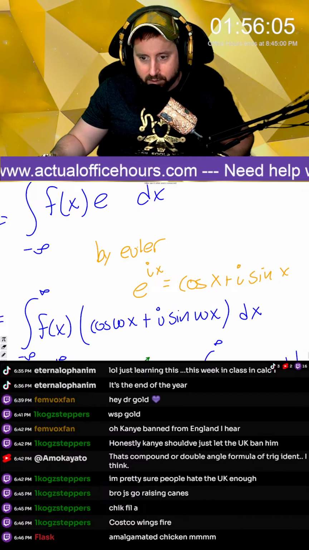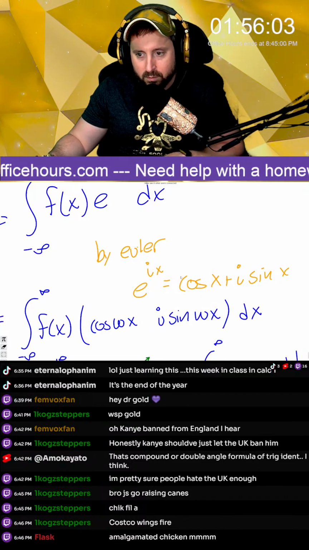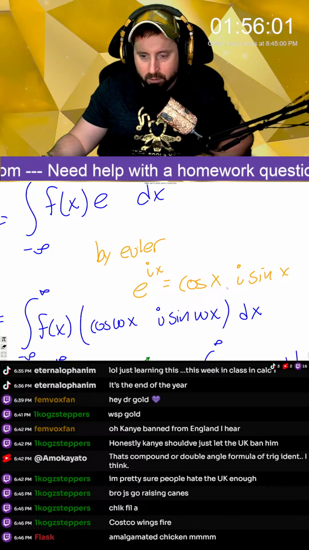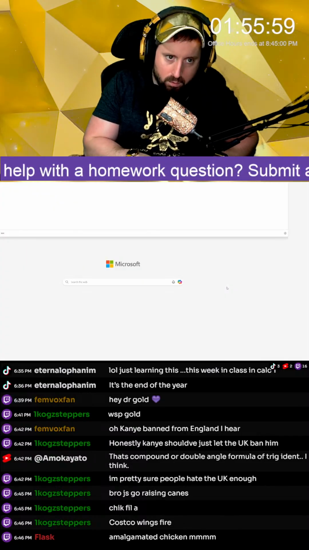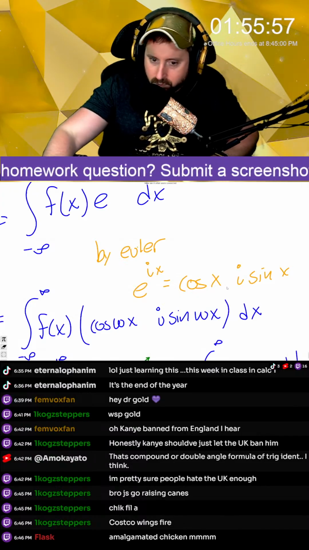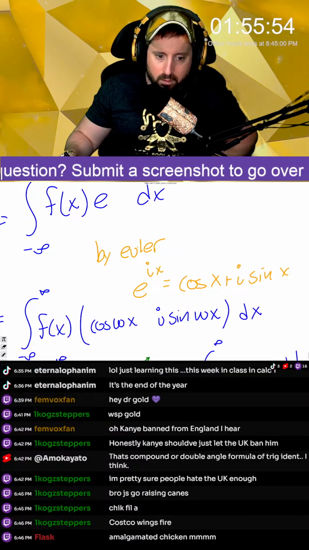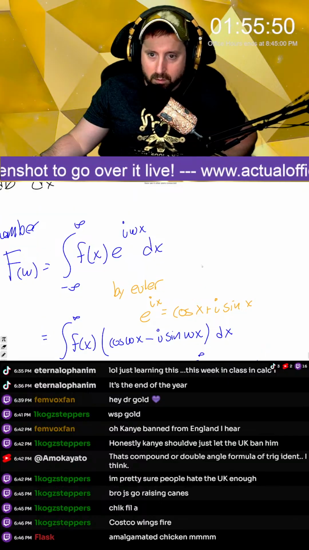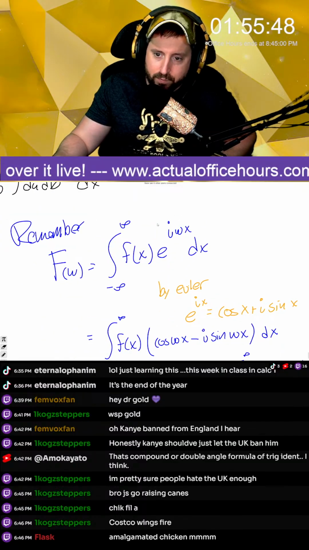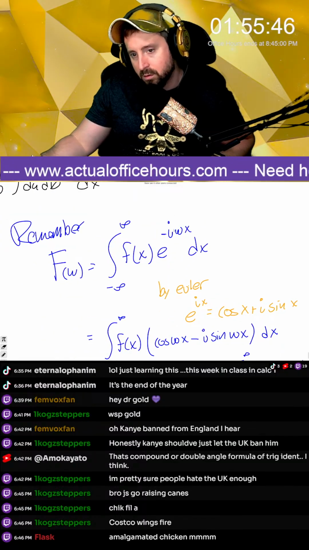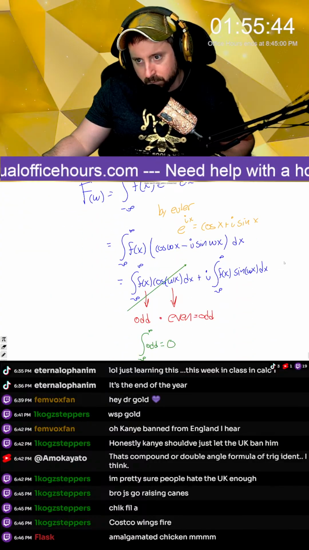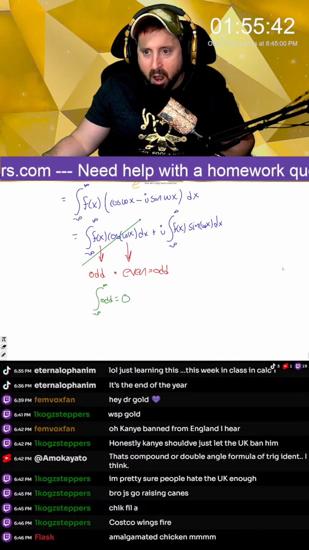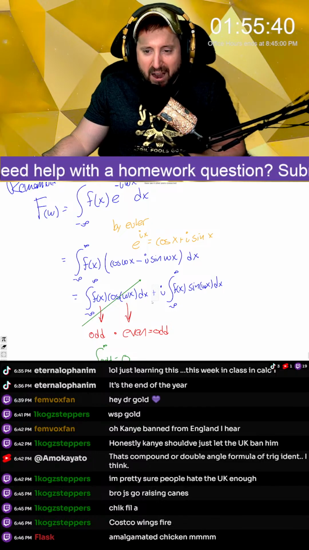This should have been minus i sine omega x. Did I mess up my Euler? No, I think it's because we're doing not e to the i, it's e to the negative i. Oh, this one should have had a negative on it. Yeah, I believe so. Okay, cool. So there's minus i here.